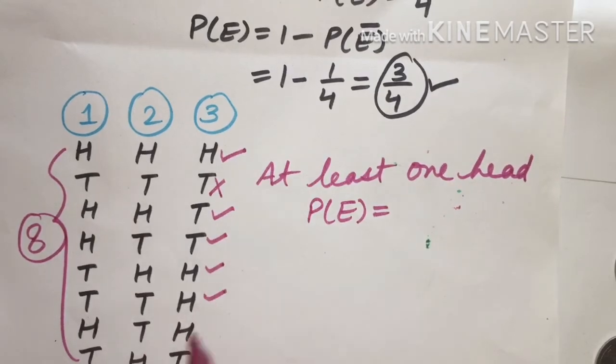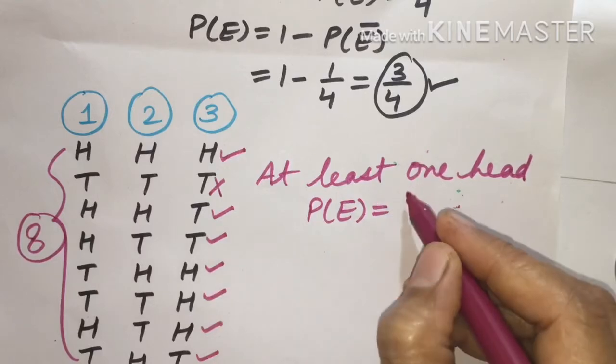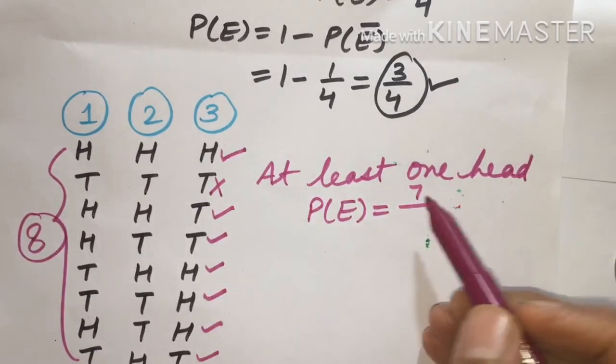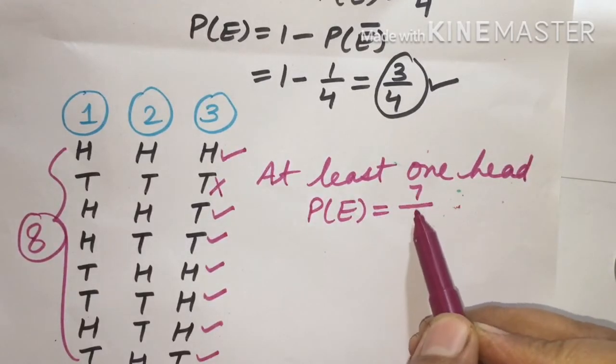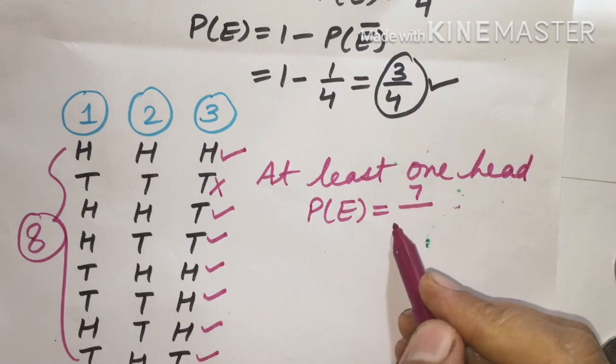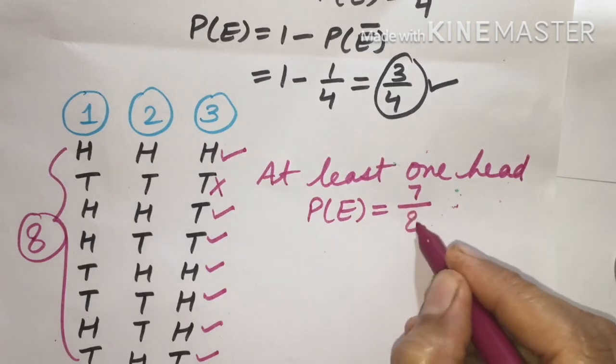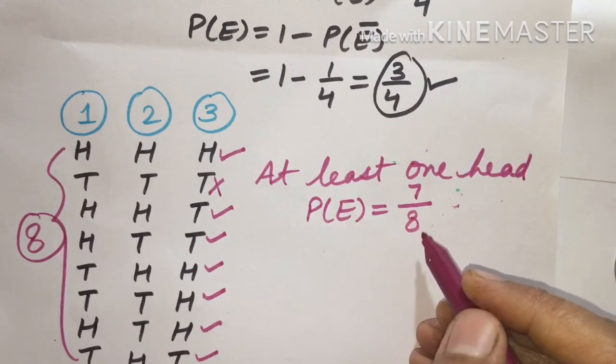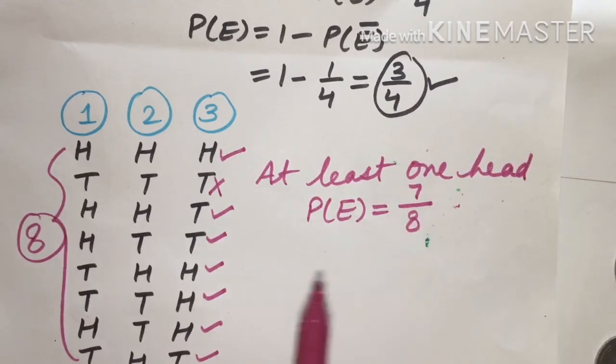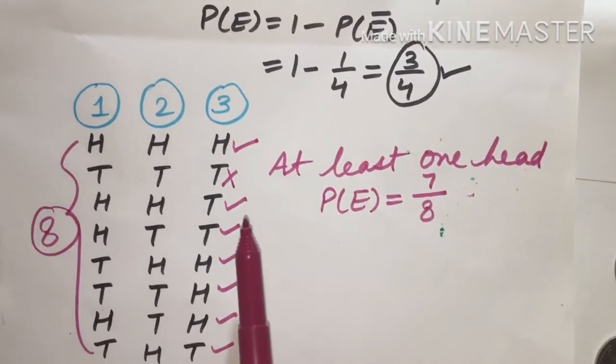This also, this also, this and this. So out of 8, 7 cases are there when at least one head is present. So 7 upon total possible cases, which is 8. So 7 upon 8 is the probability of having at least one head when we are using 3 coins.